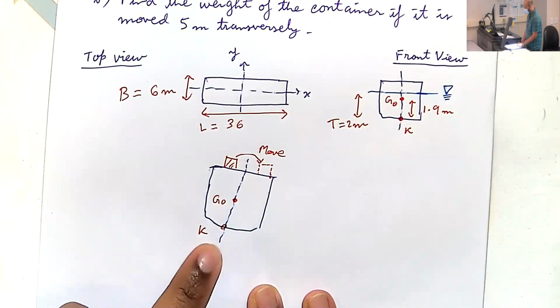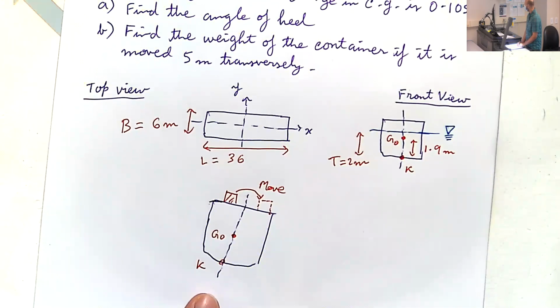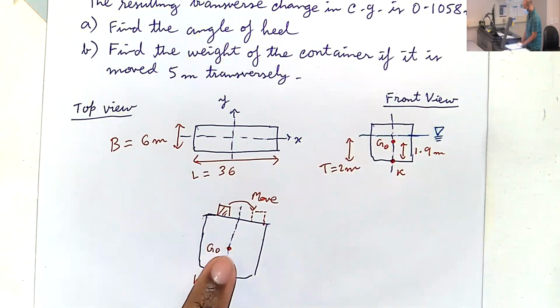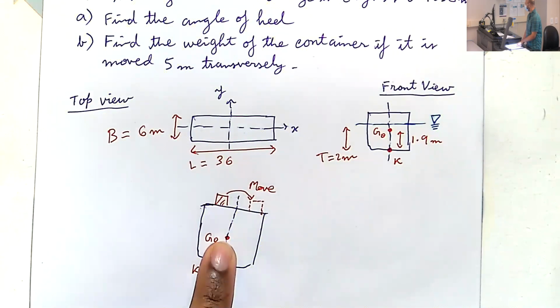On the sketch, what does this tell us? The new center of gravity moved over to the right. Exactly. So G0 was the initial center of gravity.